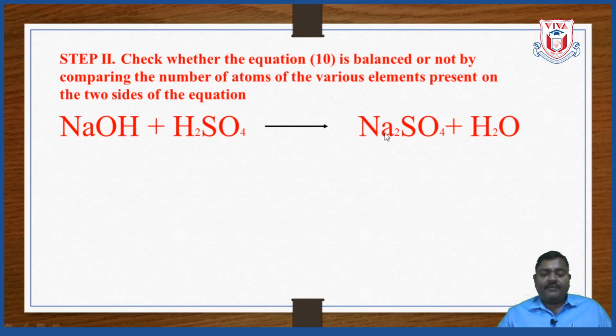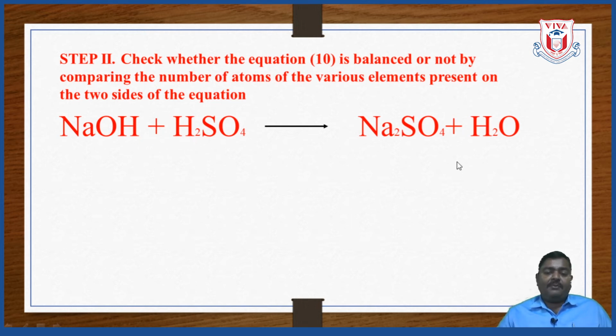Here sodium, Na sodium, S sulfur, O oxygen, H hydrogen, and O again oxygen. Means here there are 4 elements, that is sodium, oxygen, hydrogen and sulfur, taking part in this equation.